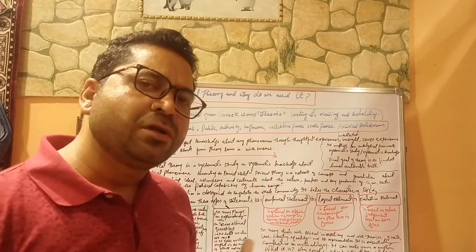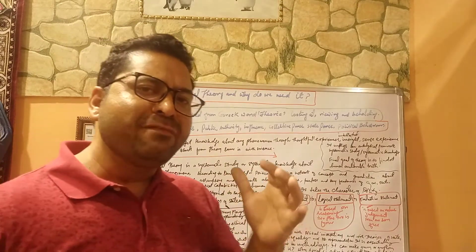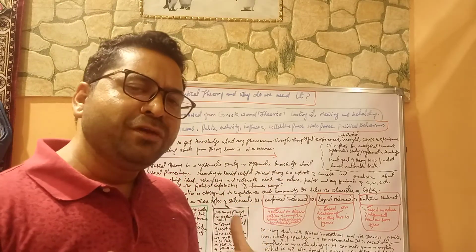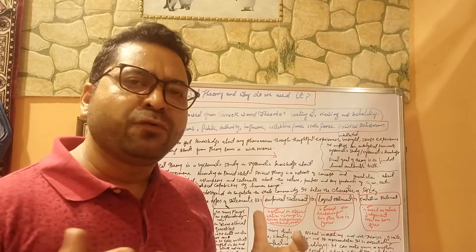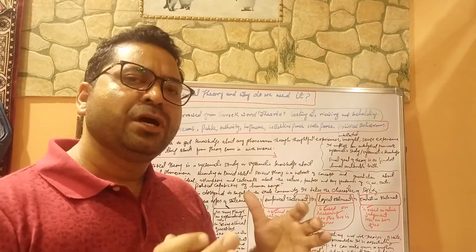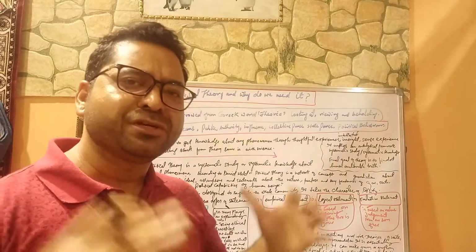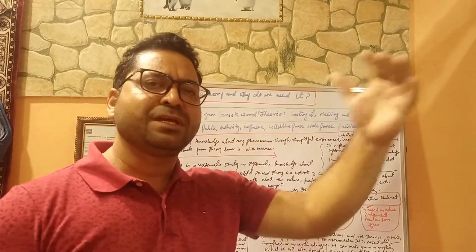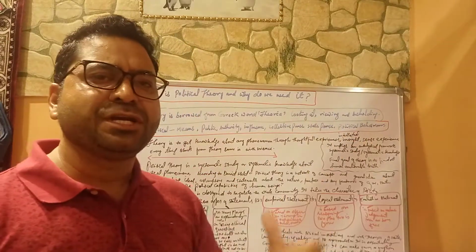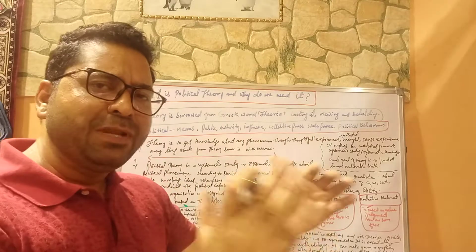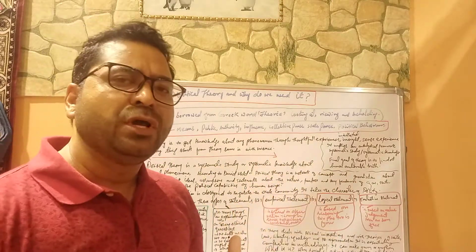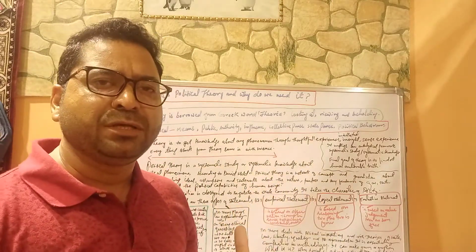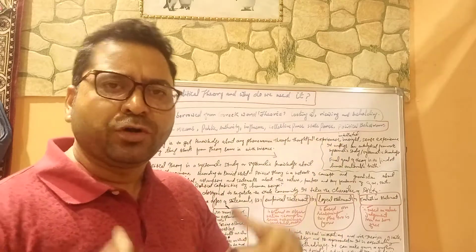Some scholars say that since private activities also come within the ambit of the state, and are affecting the public in general or working for the interest of the state, we can say public and private are both part of the political activity or political process.